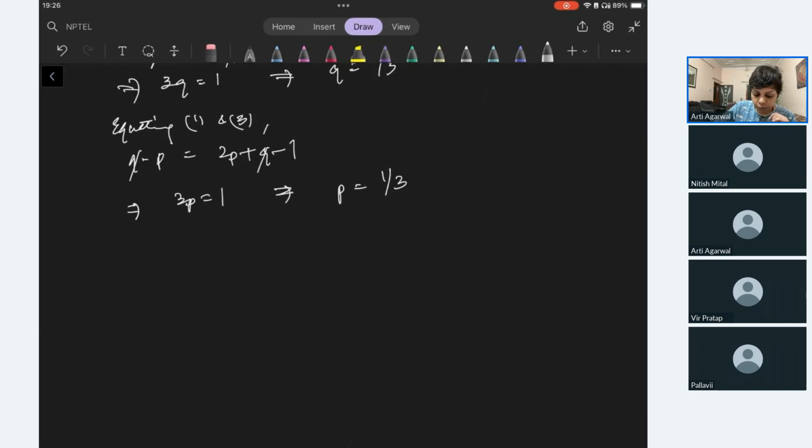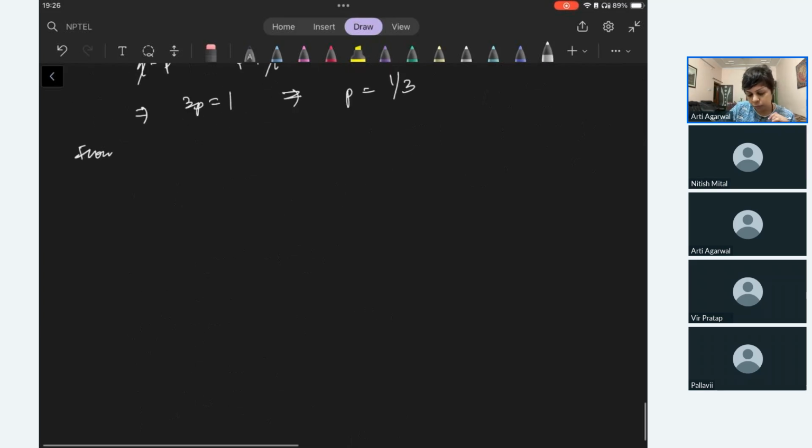Now, from symmetry, the same applies to P1.